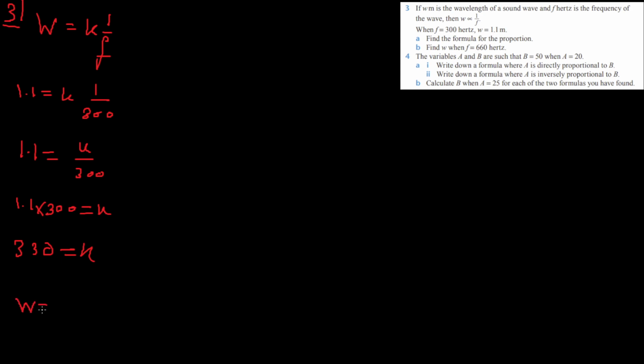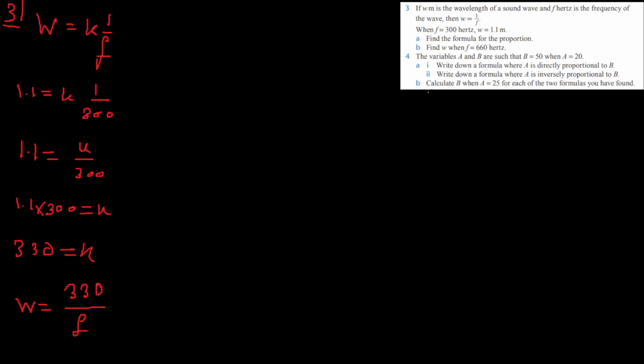So w we have 1.1, f we have 300. So it's going to be 1.1 equals k by 300, and if we multiply 1.1 times 300, that is 330. So our k value is 330.